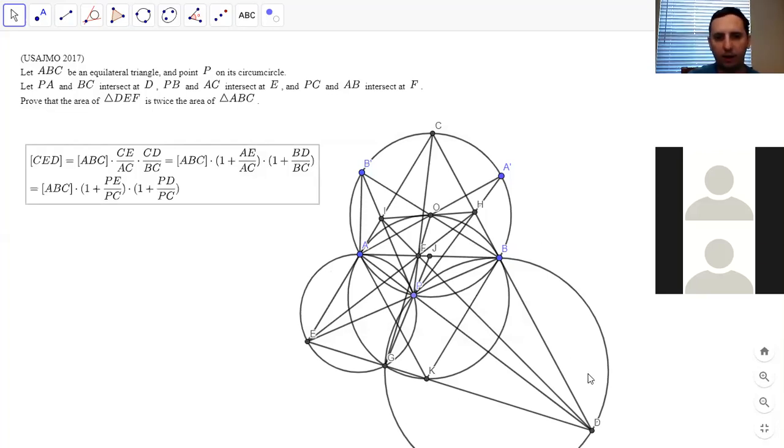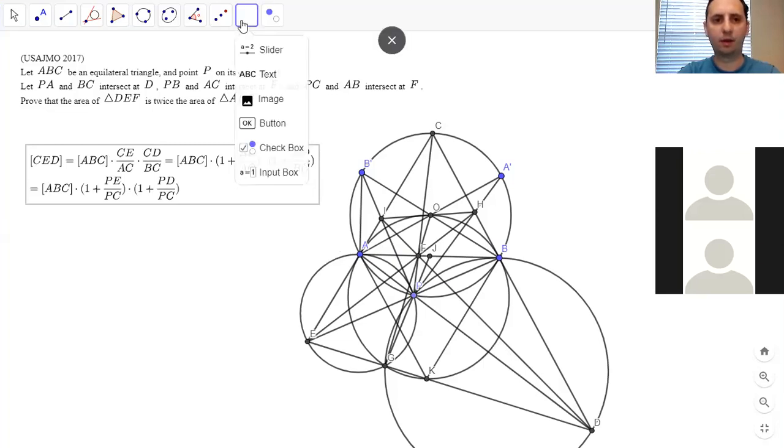And then the thing is AFE is equal to the area of it. I was thinking we take CED and then subtract ABC, AFE, and BFD. Maybe that's a lot of work.